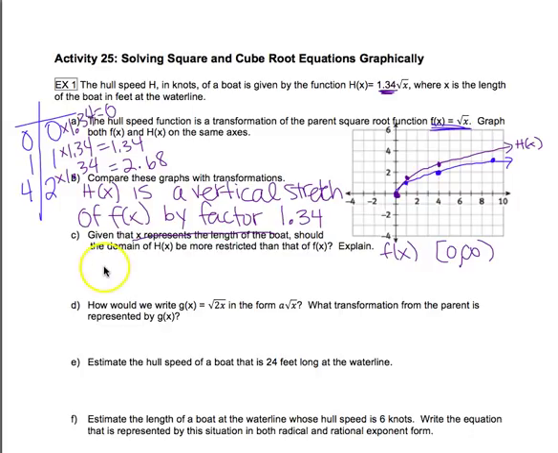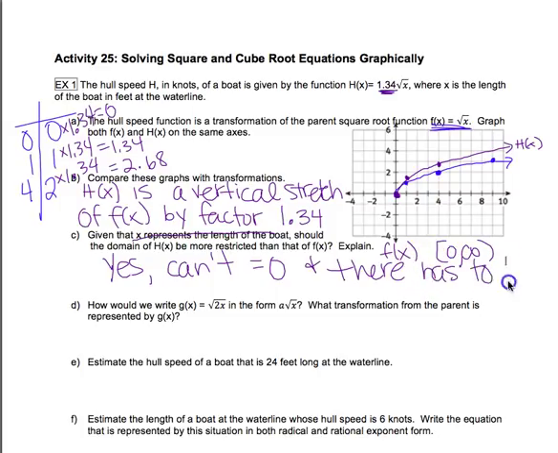So this answer is obviously going to be yes, because it can't equal 0, and there has to be an upper limit. Now, we can't list what that restricted domain would be in this case, because we don't know what the limit is on maximum length of a boat that would still keep it floating, or minimum length for that matter.